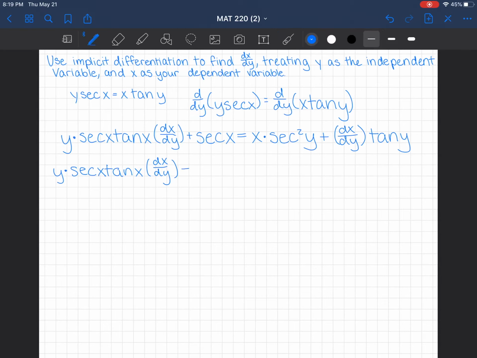So it's going to end up being minus, and that's going to be equal to my first term that was over here, and then we're going to be taking this secant x and subtracting it from both sides as well.